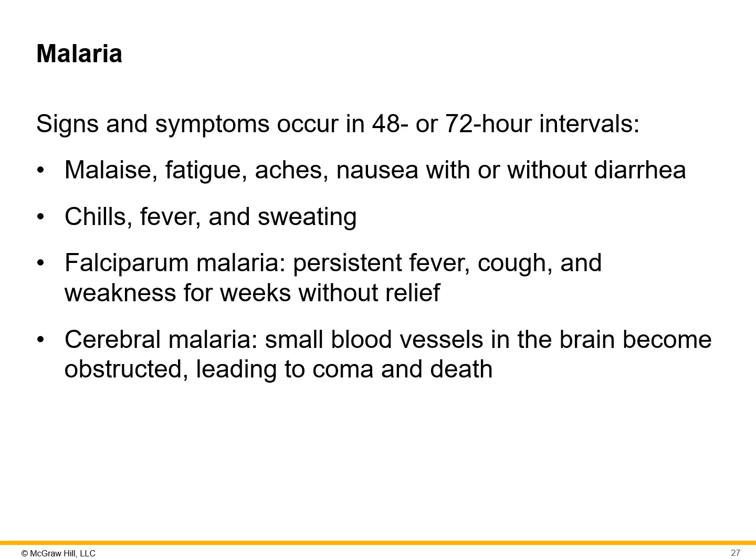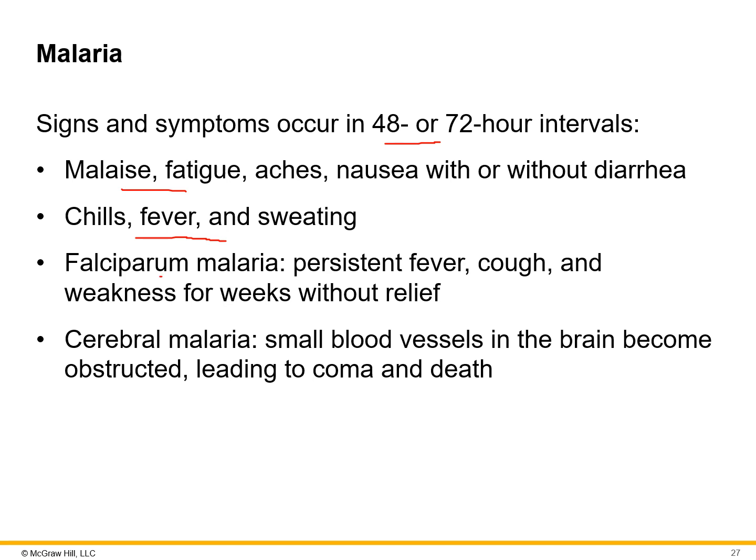Right, malaria, which is a huge problem, especially in Africa, but as we increase travel, can become something that we see here in the United States as well. Kind of delayed onset of symptoms 2 to 3 days after, and we get malaise, fatigue, aches, nausea, also chills, fever, and sweating.